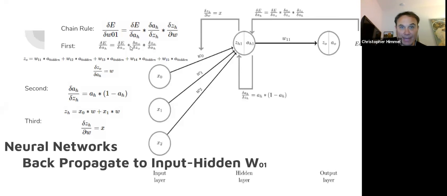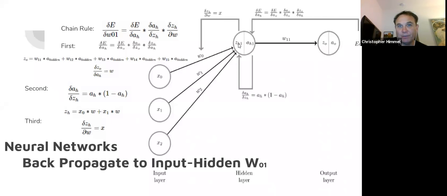So that gives us this final piece that we're going to multiply together to get this piece and feed it in there. Now we got to go calculate partial AH with respect to ZH and partial ZH with respect to W. So let's look at that.